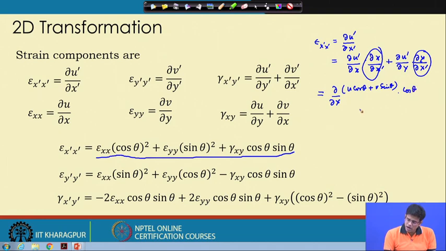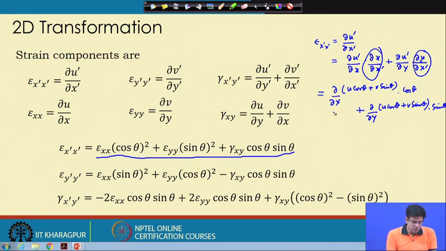Similarly for the other term, u prime is u cos theta plus v sin theta, into del y by del x prime, which is sin theta. Like this we can arrive at the cos square theta term.